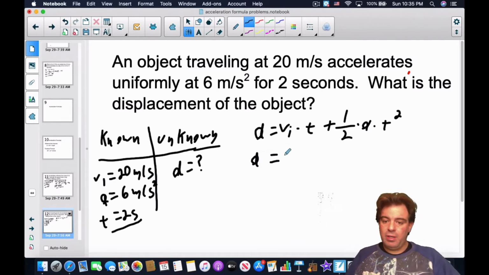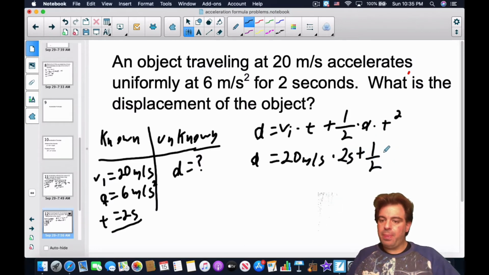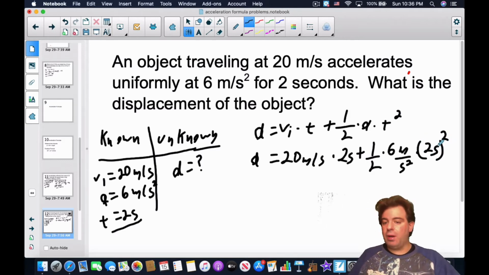Velocity initial is going to be 20 meters per second times the time, in this case 2 seconds, plus 1/2 the acceleration, which is 6 meters per second squared, times, of course, time squared. And please do not forget to square the time.